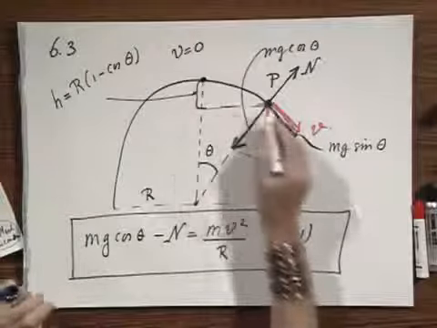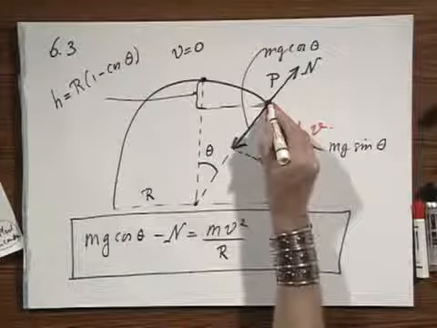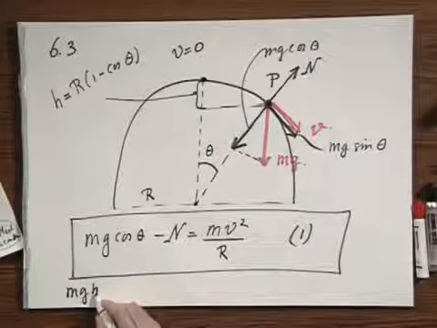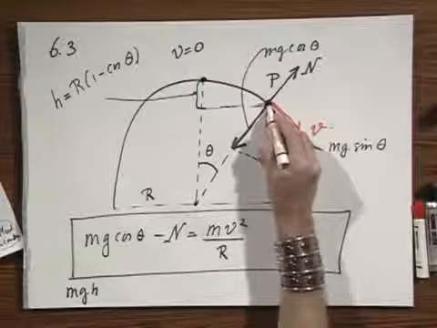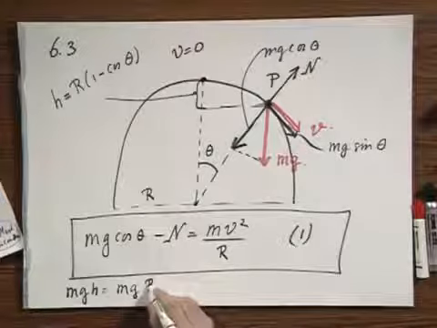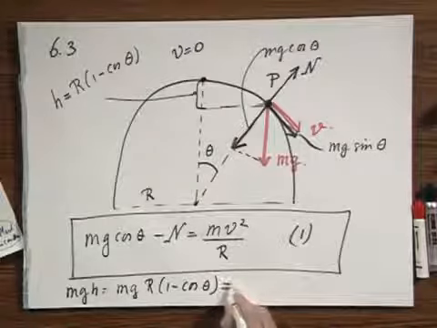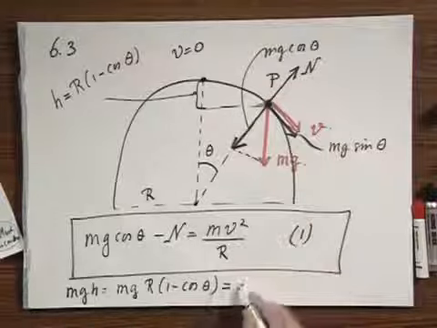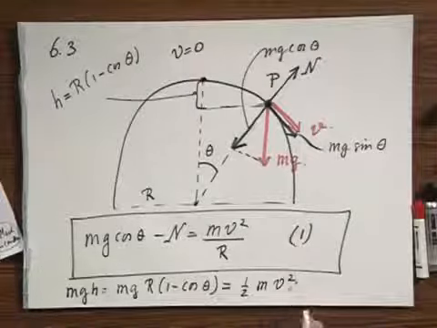And therefore, if I write down the conservation of mechanical energy between this point and that point, then I get that mgh, which is the potential energy of this point above this point, equals mg times r times 1 minus cosine theta, and that now must all have been converted to kinetic energy at point P, which is 1/2 m v squared.